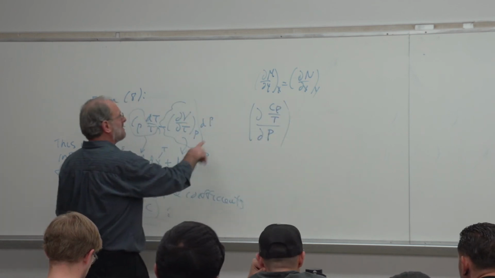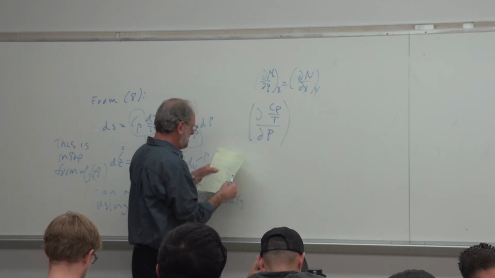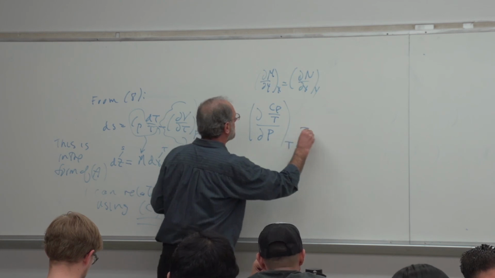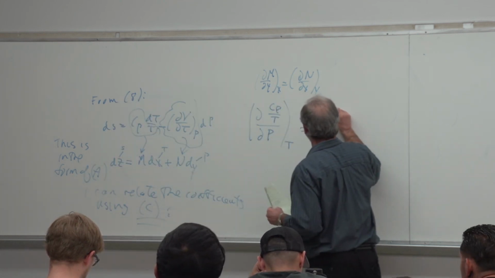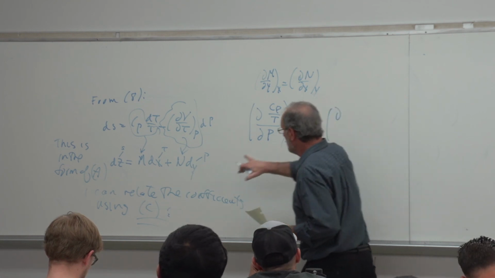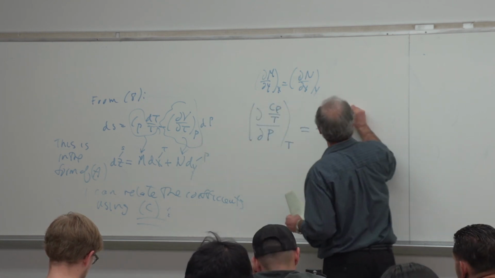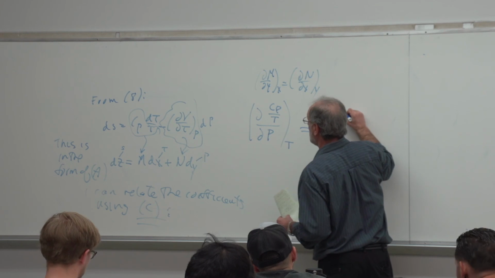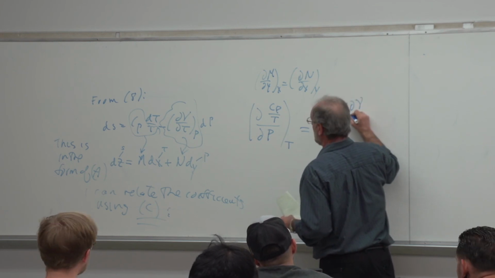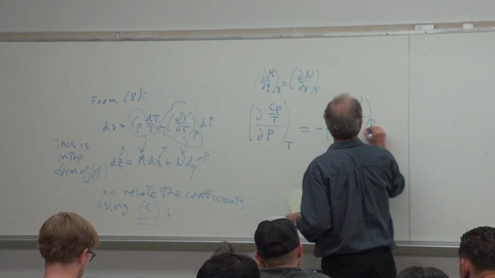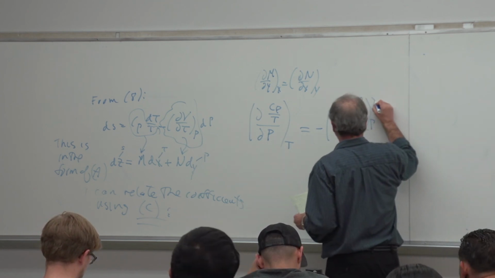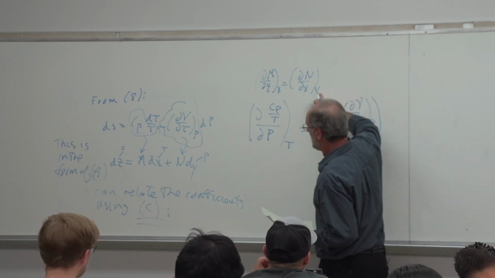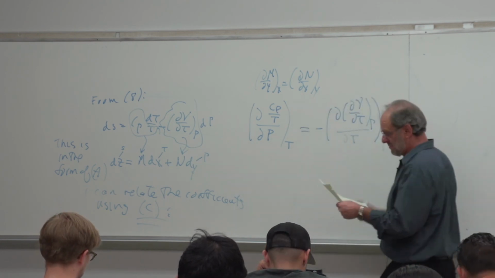P is y, right? And then holding x constant, which is temperature T. And then on the right-hand side, we have our minus sign. Then we have ∂. And then N is that partial. So the partial of V with respect to T holding P constant, ∂T. And y again is P.